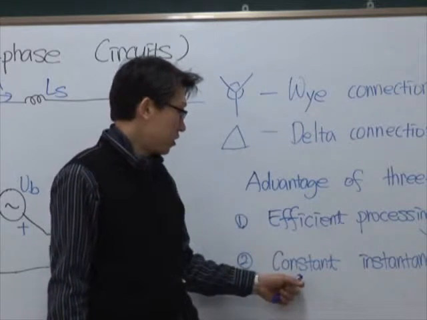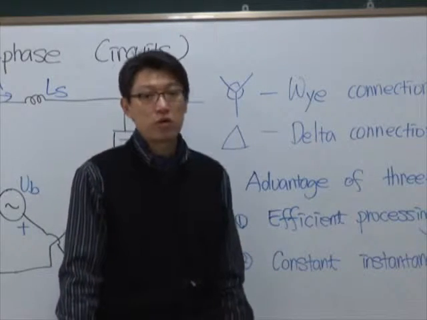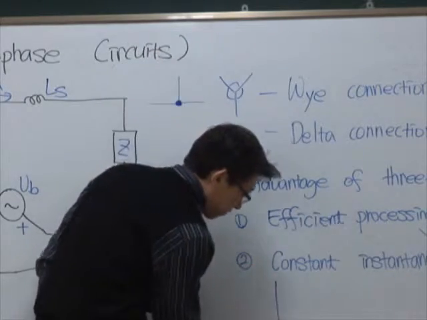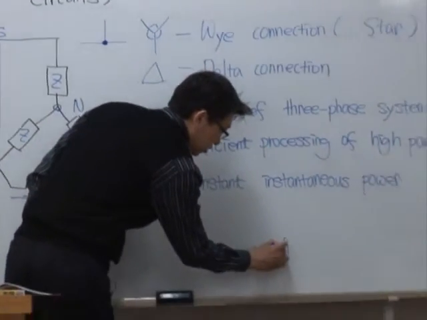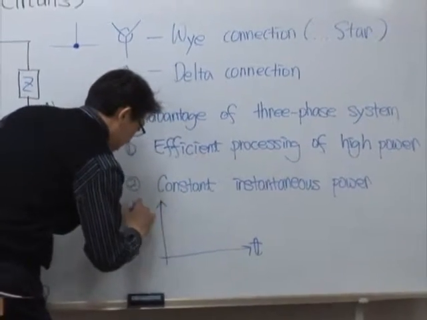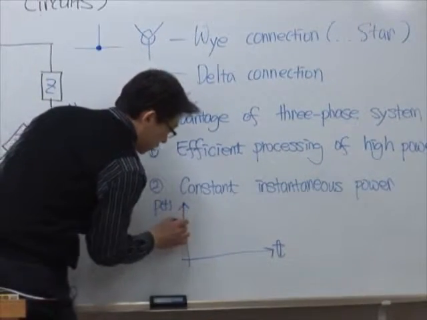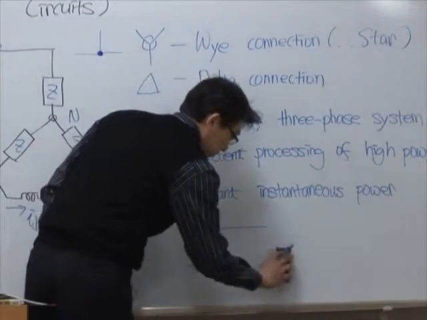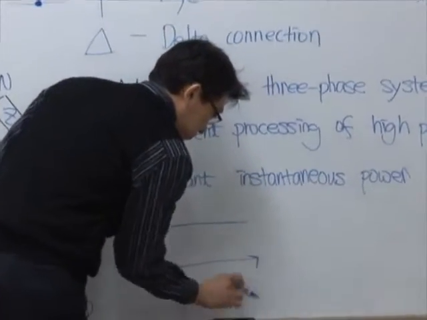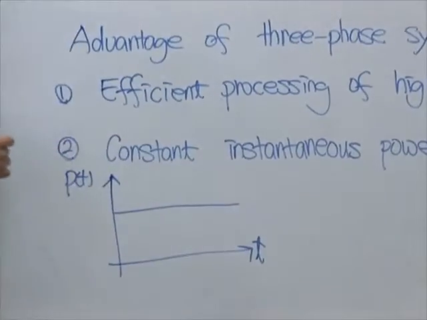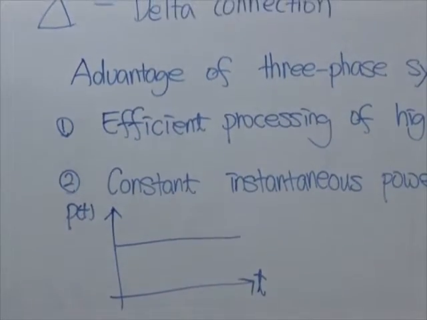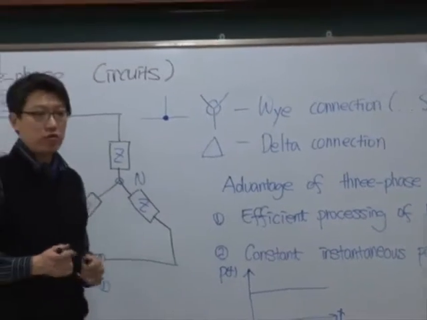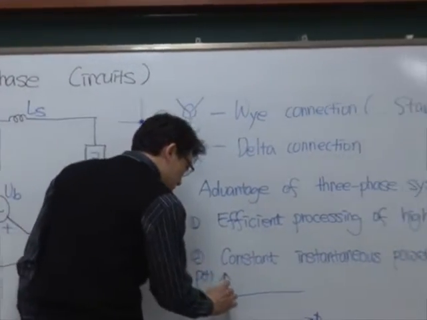And the second point is that instantaneous power is constant. Constant means if we plot time and p(t), which is instantaneous power, it is flat. In the single-phase case, this instantaneous power has a ripple having a frequency of twice the input frequency.